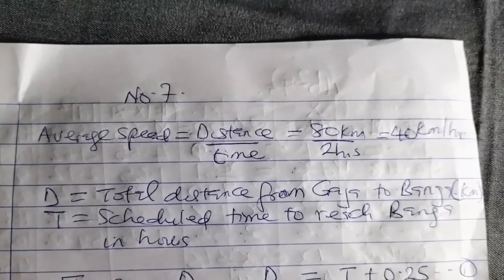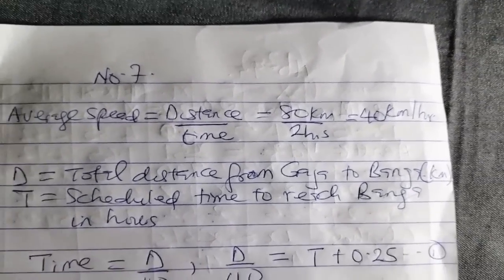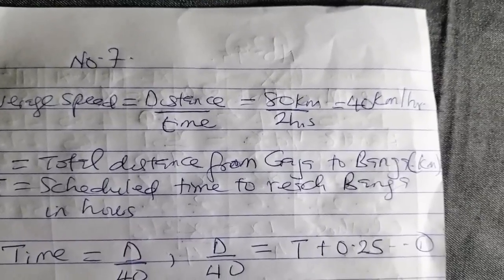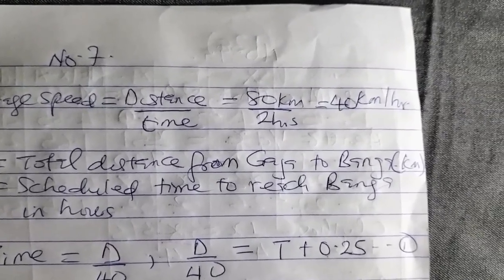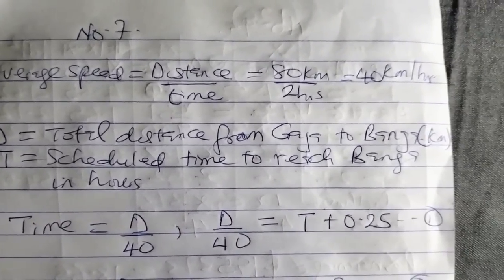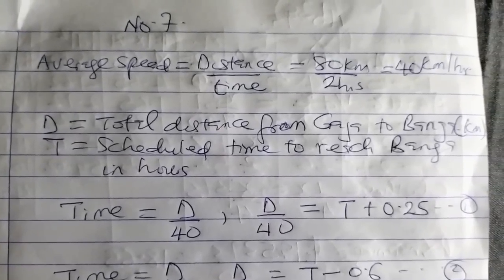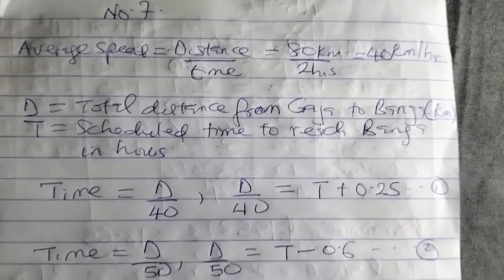Number 7. Average speed equals distance over time. So the first average speed is 80 km over 2 hours, giving us 40 km per hour. Then let D be the total distance from Gaja to Banga in kilometers. Let capital T be the scheduled time to reach Banga in hours.